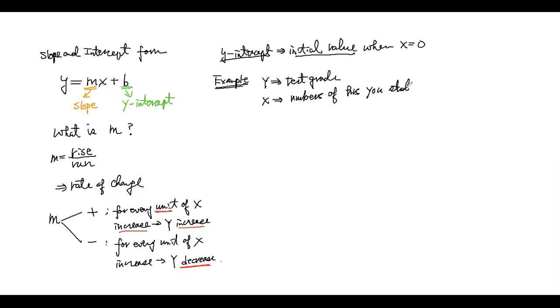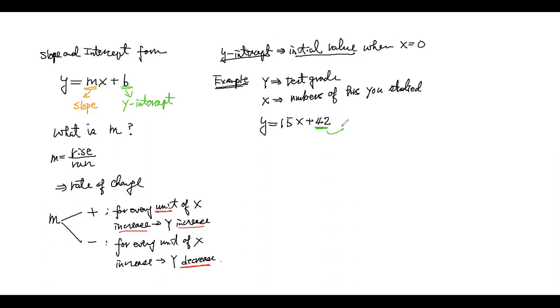So if I have a test, and y is the test grade, for example y equals 15x plus 42. What does that mean? What does the 42 mean? Don't tell me it's the y-intercept. What is the meaning for this problem?